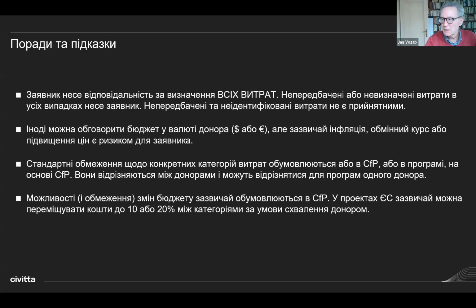But sometimes it is possible to negotiate the budget in donors' currency, in euros or dollars, which is advisable if it can be done, particularly in very uncertain times, as these times are. But in the end, you either accept what the donors offer, or you don't apply if you don't accept it, because in this case, the donor sets up the rules and you just adjust to them.